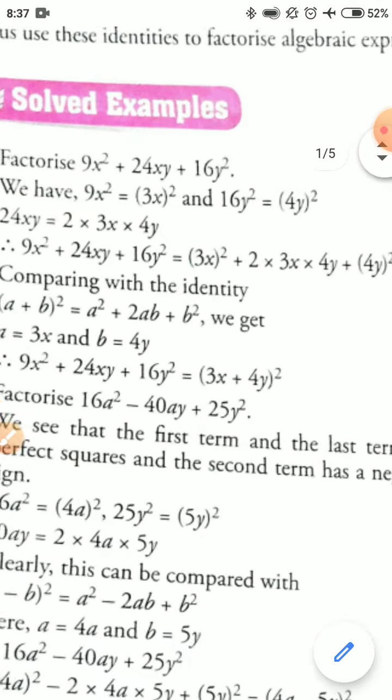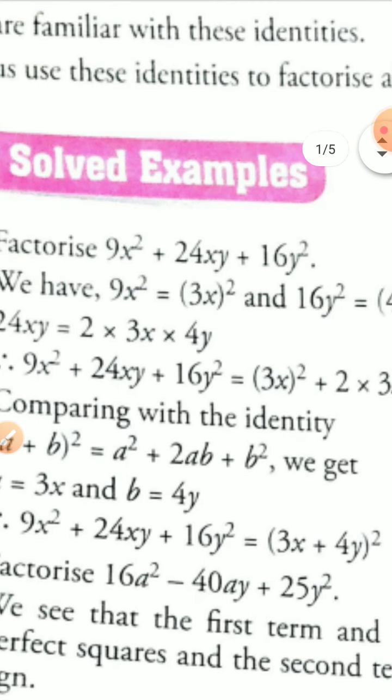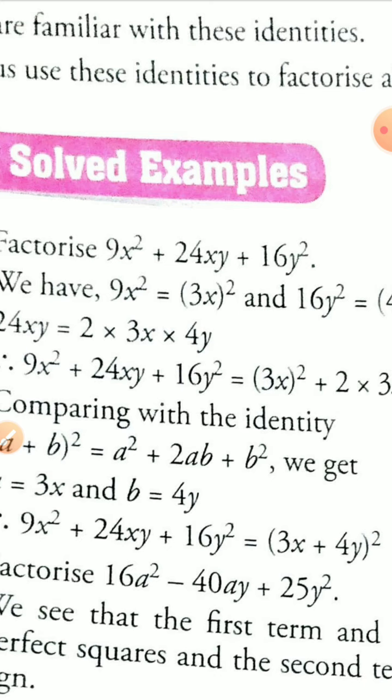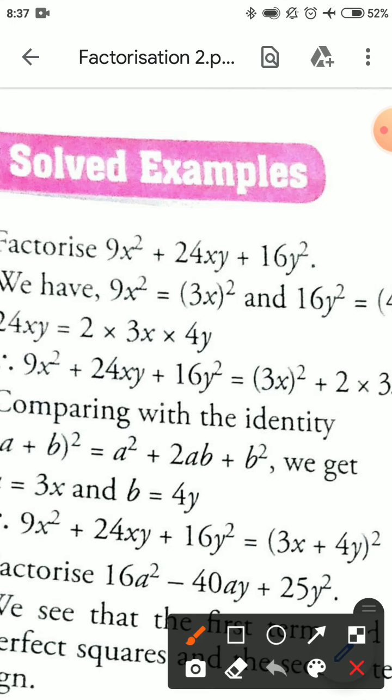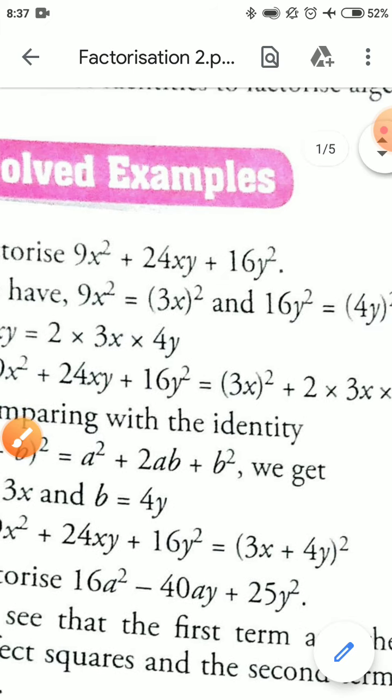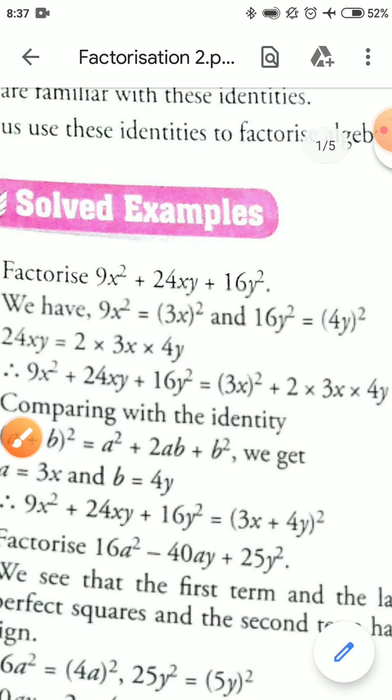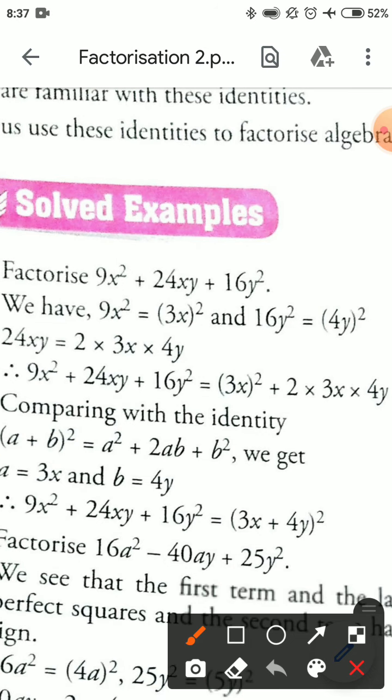Suppose here we have to factorize this 9x square plus 24xy plus 16y square, right? So we can write this 9x square as 3x whole square, and we can write the 16y square as 4y whole square, right? And in the same way we can write this 24xy as 2 into 3x into 4y, right?